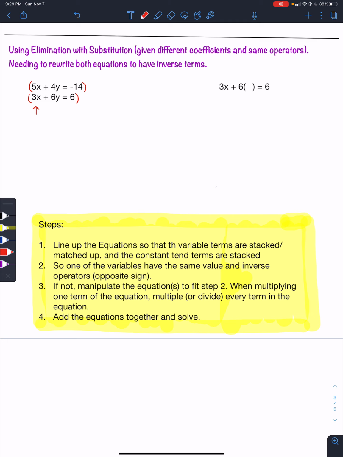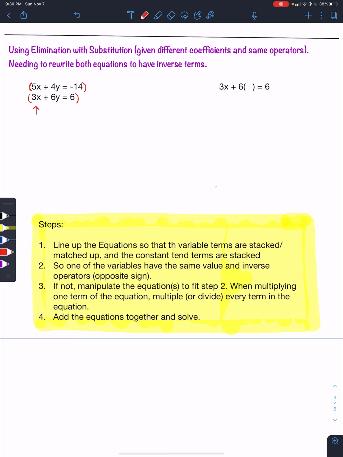Okay. What I could do here is I could multiply the top equation by 3 and the bottom equation by 5. What that will allow me to do is give me the same coefficient. Okay, let me erase that. It looks kind of messy there. That's going to give me the same coefficient.